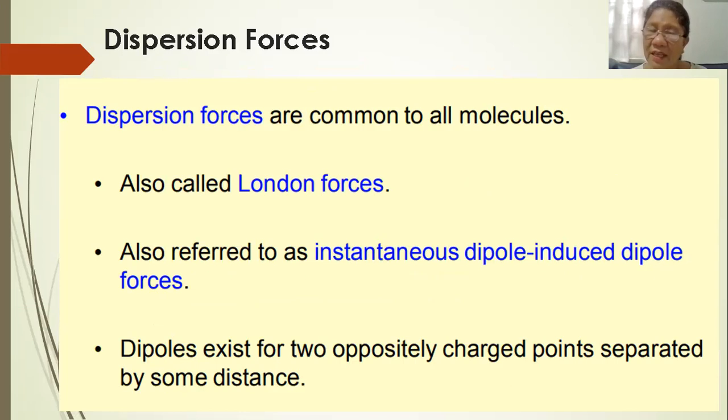Here, there are two oppositely charged points separated by some distance. Two oppositely charged, positive and negative, separated by distance. That is known as the dipole or London force or dispersion. Separated, dispersed, because there is some space.